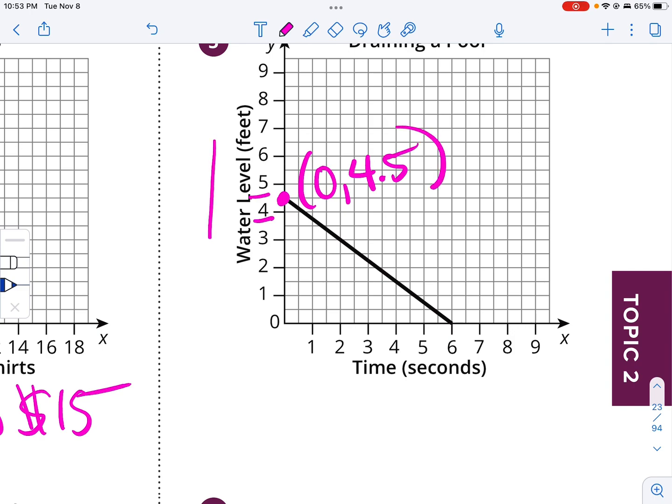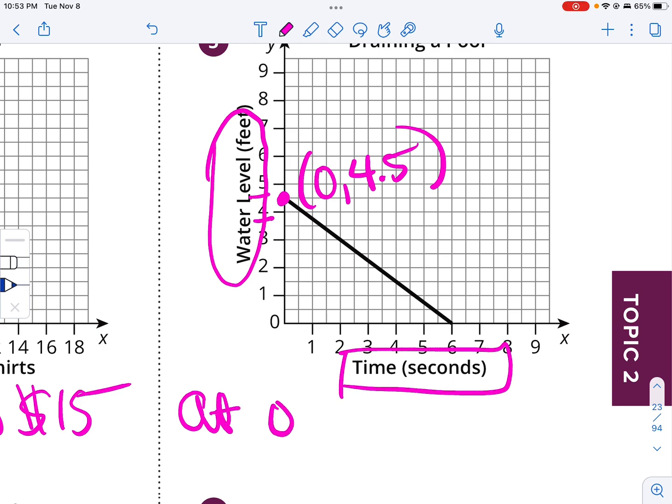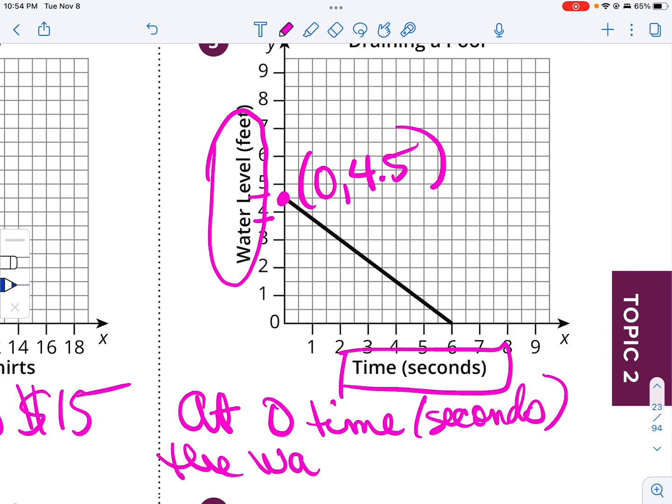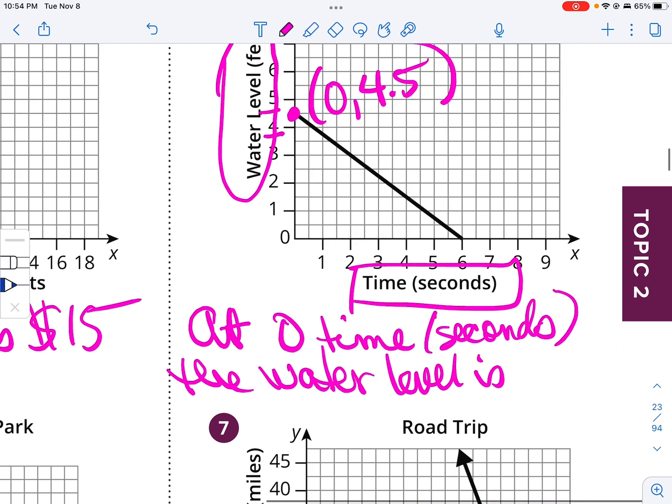And this says the water level. This says time. So that means at 0 time, or 0 seconds, the water level is 4.5 feet.